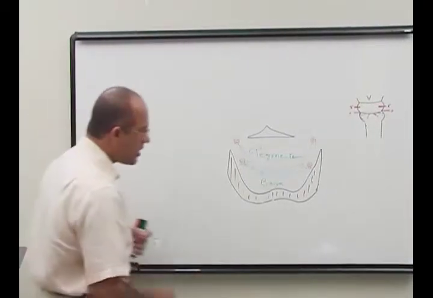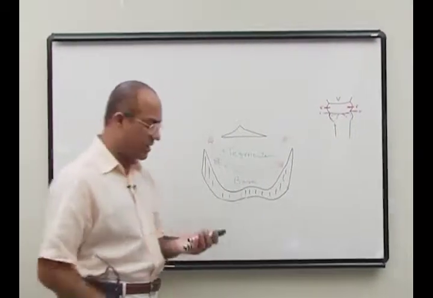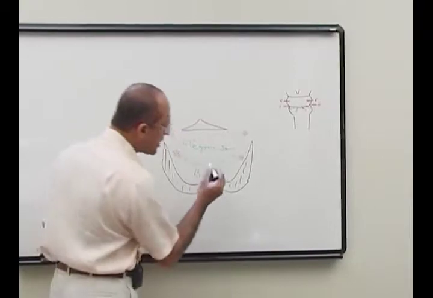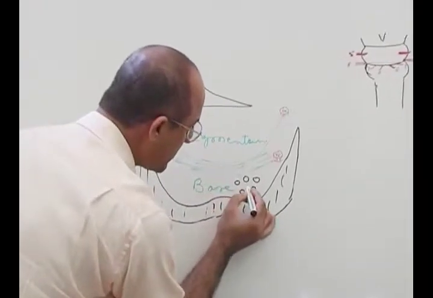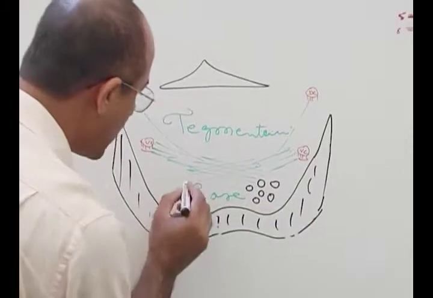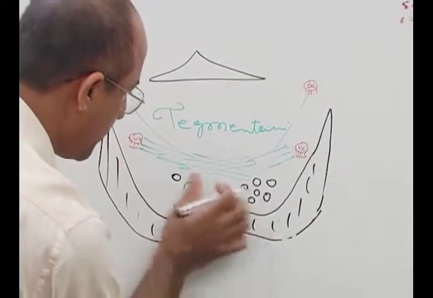Now, in the base, what is there? In the base, there are pontine nuclei. What are these? Here we have pontine nuclei.